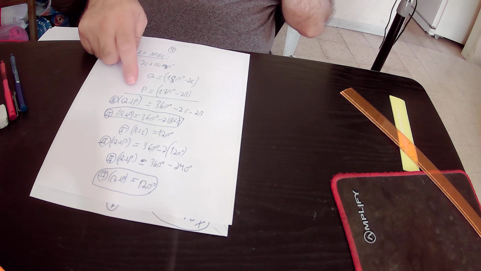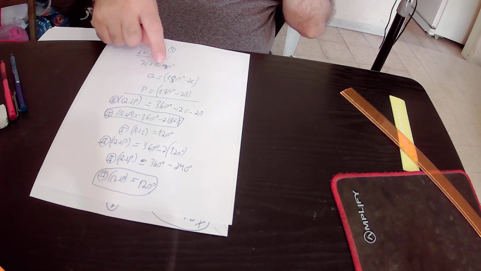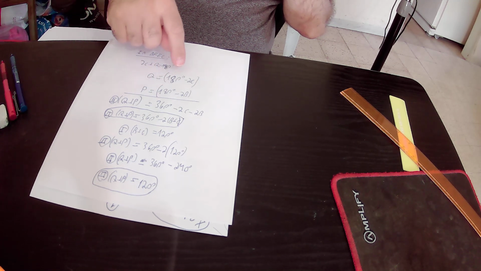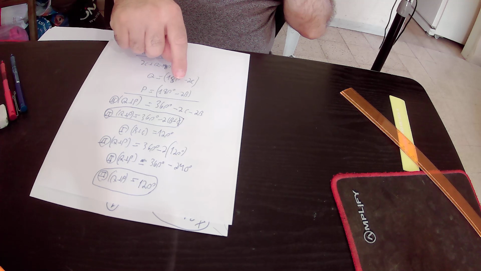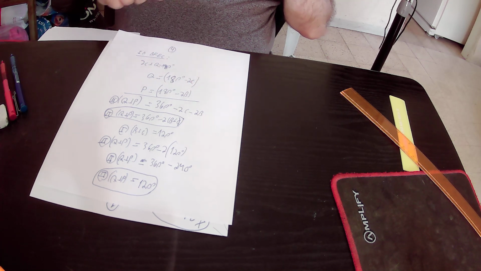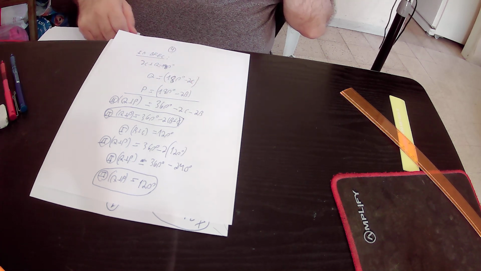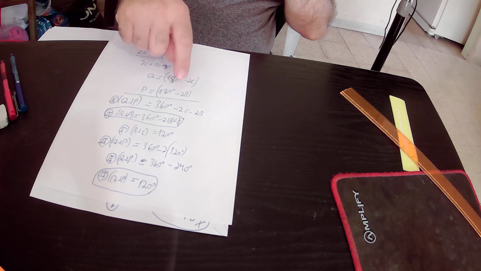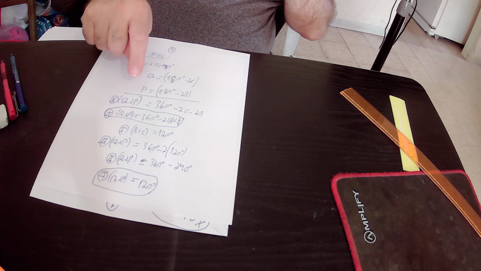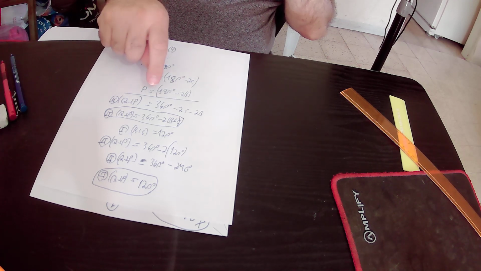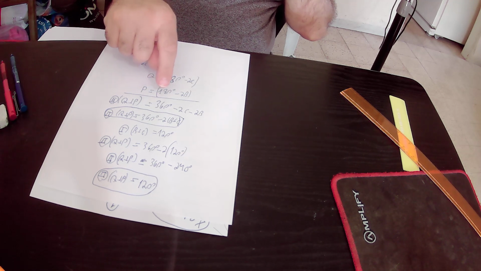So q plus p equals 180 degrees plus 180 degrees, which is 360 degrees, minus 2b plus minus 2c plus minus 2b, which equals 2c plus minus 2b. Then we took out the common factor of minus 2 from this expression and we found that q plus p equals 360 degrees minus 2 times (b plus c).